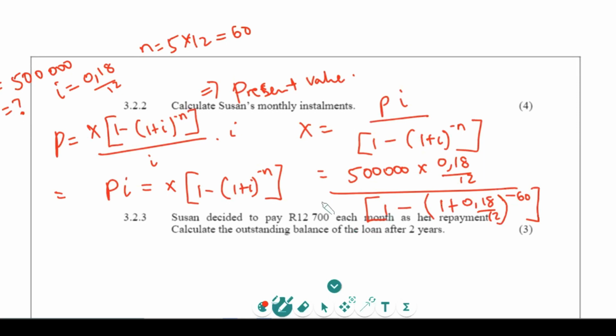So the answer I'm getting is 12,696.71, if I round that off to 2 decimals. So basically that's what Susan is going to be paying on a monthly basis, 12,696.71.